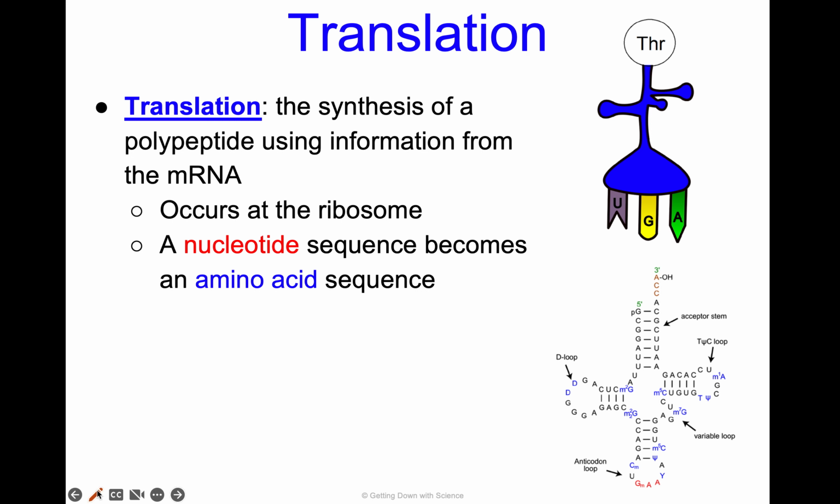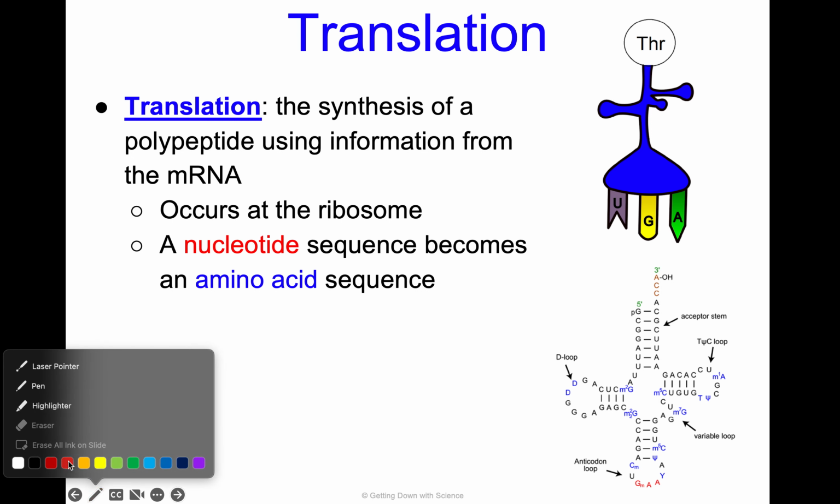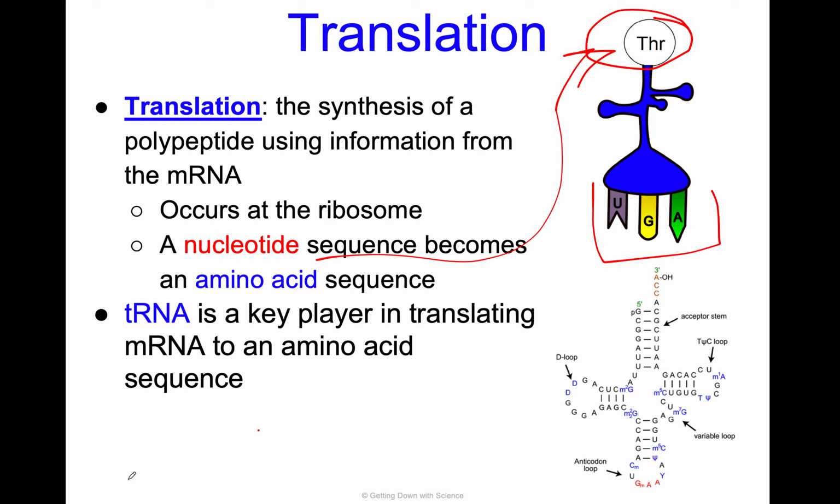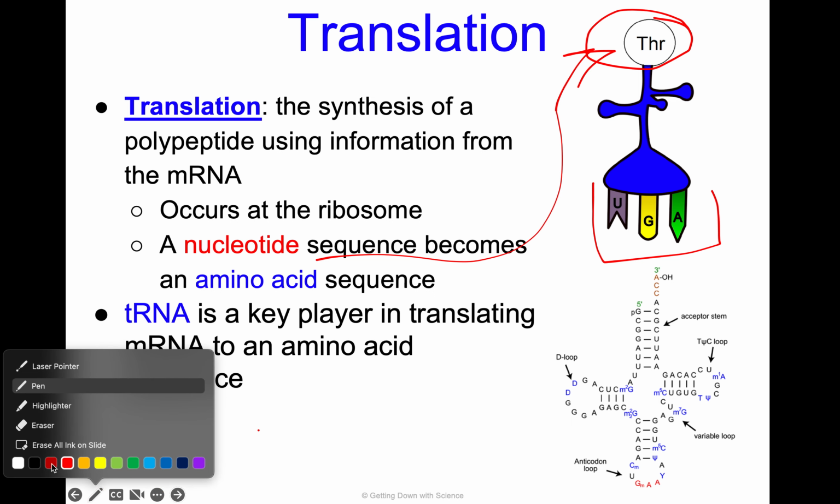You can see as far as the structure of the tRNA goes, you have the amino acid up here, so the amino acid sequence is up top. You have the anticodon down over here, and it's a key player in translating mRNA into that amino acid sequence.